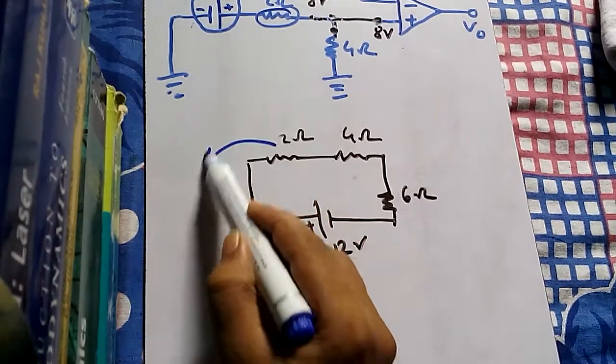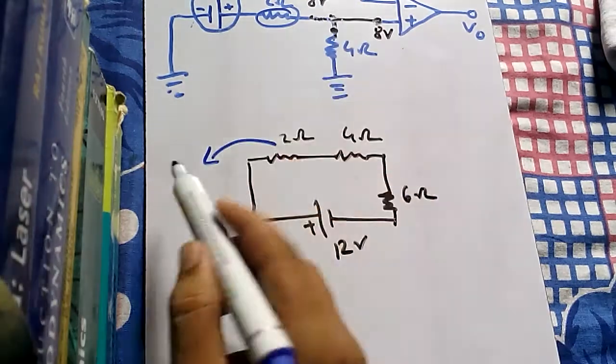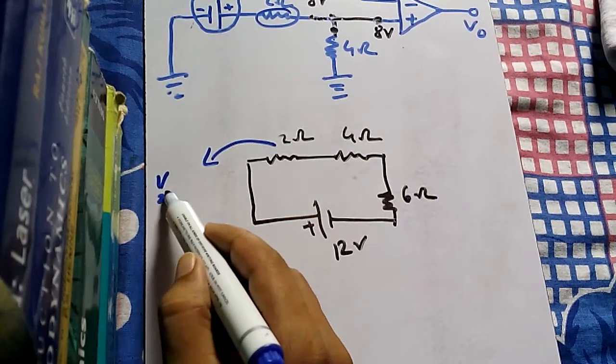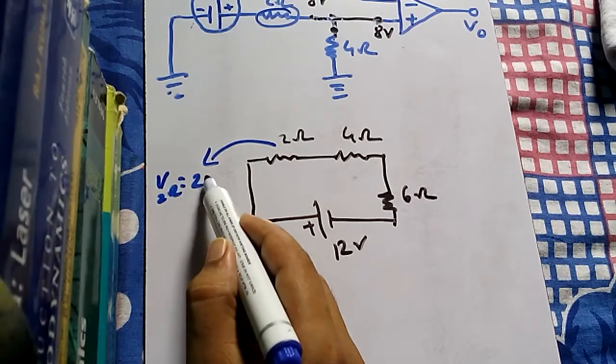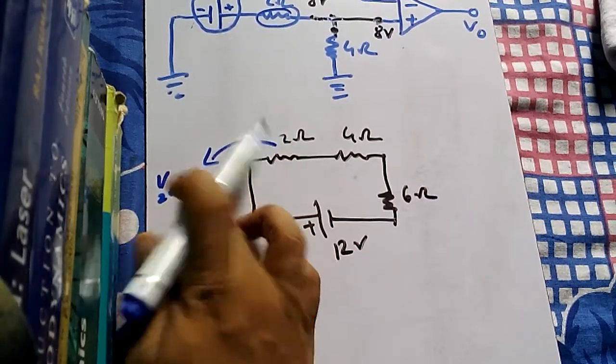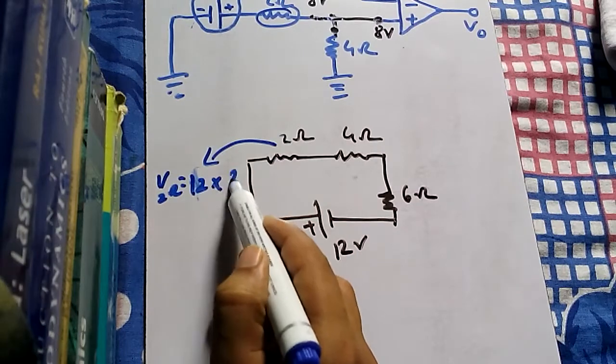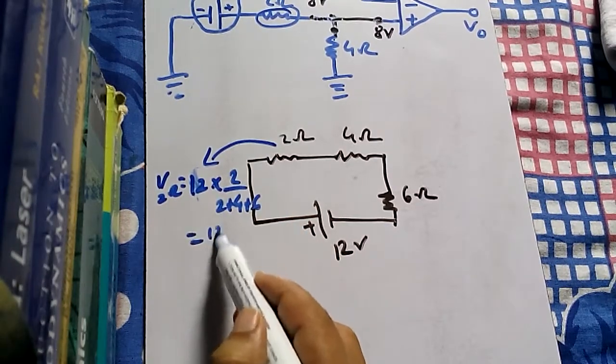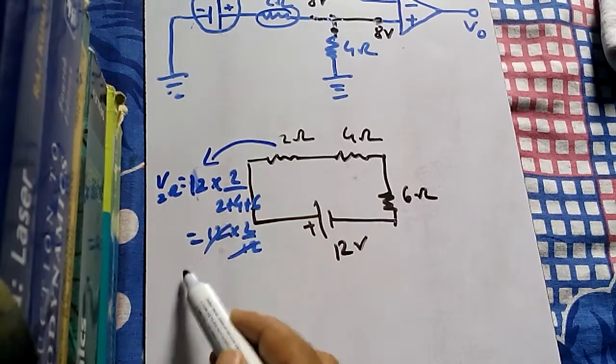So for the voltage drop across this, we will use the standard voltage drop formula. The voltage drop across the 2 ohm is EMF into 2 by 2 plus 4 plus 6, that is 12 into 2 by 12, 2 volt.